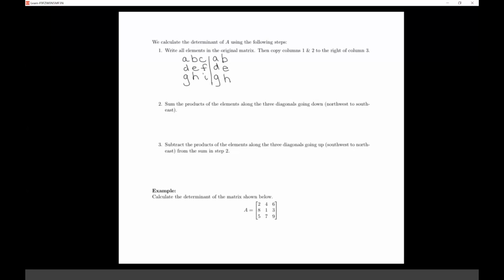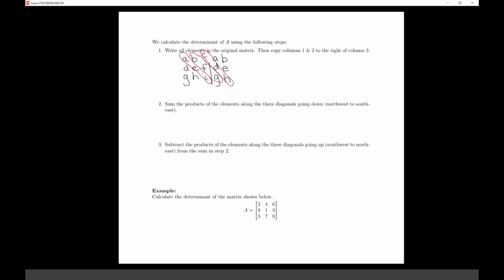And then what we're going to do is form left to right diagonals. So here's that one. The second one is this one. And the third one, again, I'm going to have to get my C out of there. Here's my third left to right diagonal.